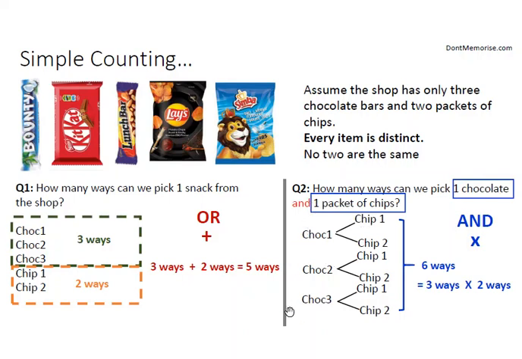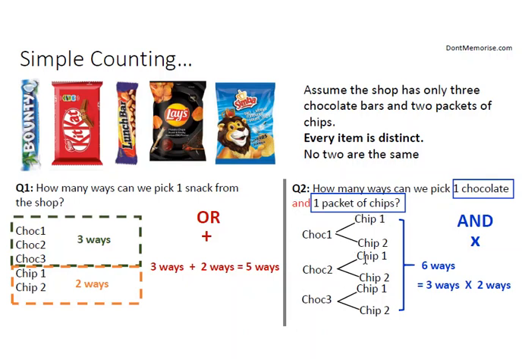And now look at this diagram. The first choice and the second choice. For chocolate, there are 3 outcomes: chocolate 1, chocolate 2, chocolate 3. In front of each of them, you should write the outcomes for chips. For chips, we have chips 1, chips 2.